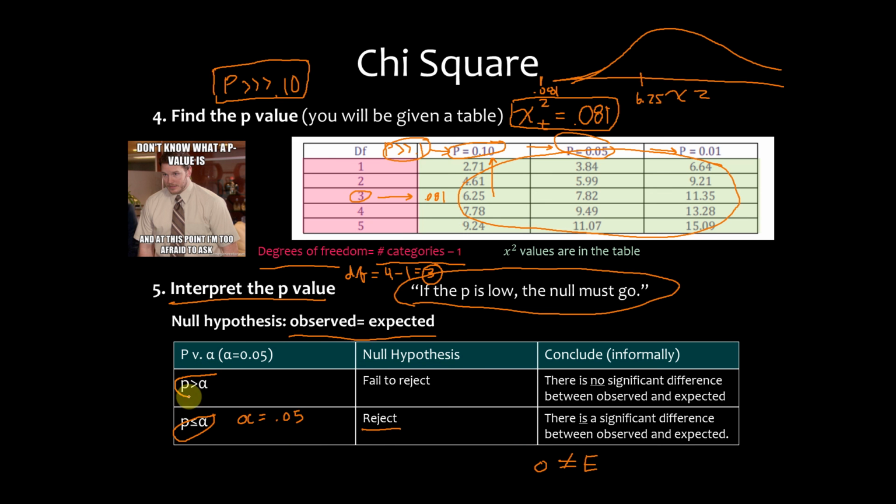Now, if p is much greater than alpha, that's the case here. Remember, p is way greater than 0.10, and we know that 0.10 is greater than 0.05. Then we're going to fail to reject the null, which means we conclude there is no significant difference between observed and expected. So in normal people speak, we're going to say that observed functionally equals expected.